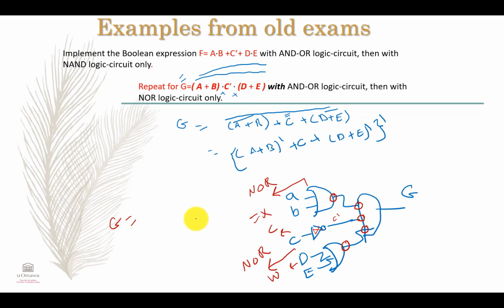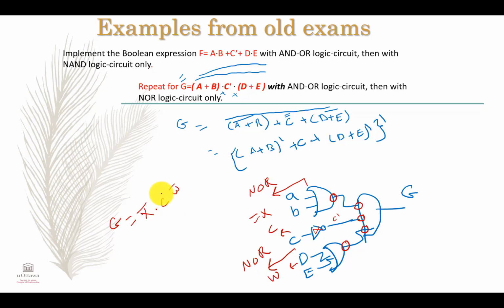So since X is inverted, I have X inverted here, and this is ANDed because that's an AND, C, okay? As well as that is W inverted, okay?